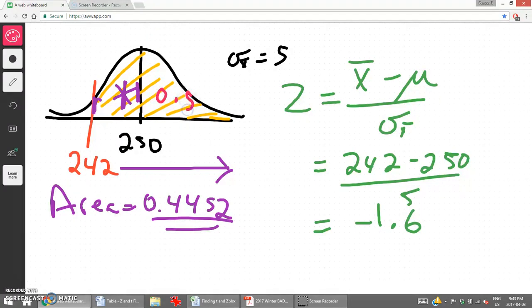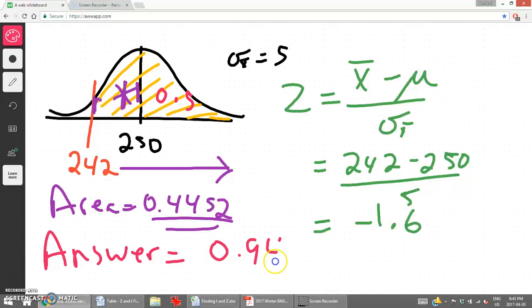It's everything on the right side of the mean, so that's going to be 0.5. So our final answer is going to be 0.4452 plus 0.5, so 0.9452, which corresponds to approximately 94.52%. So there's a 94.52% probability that a sample mean will be $242 or more.